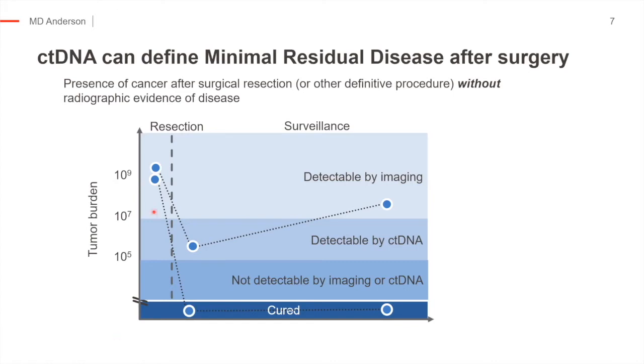There is the patient who had all the tumor removed and the patient was cured, or patients that had a disease that was removed and nothing seen on scan, say they were in remission, NED, no evidence of disease, but detectable by ctDNA, and it's a matter of time until it appears by imaging. And that's kind of the concept that we're getting at.